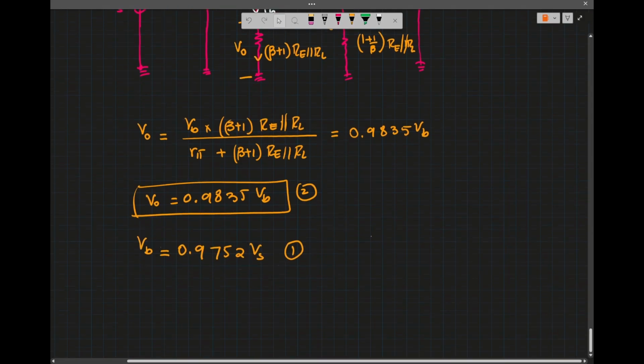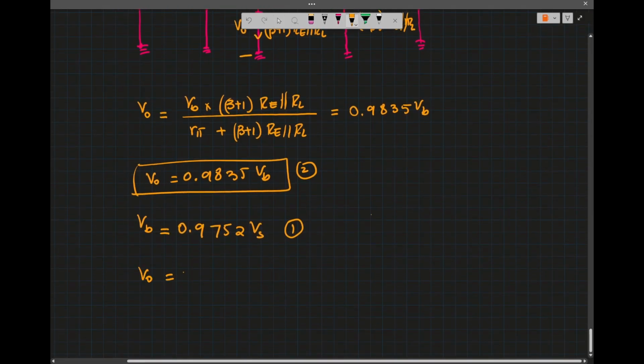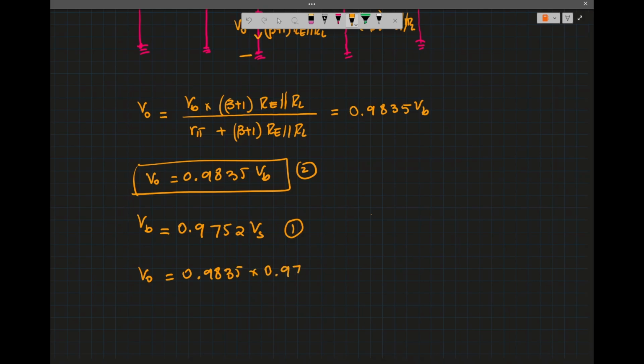So what do we have? We have V0, which is 0.9835 times 0.9752 VS. So V0 over VS is equal to 0.95, so 955 maybe, or 6.